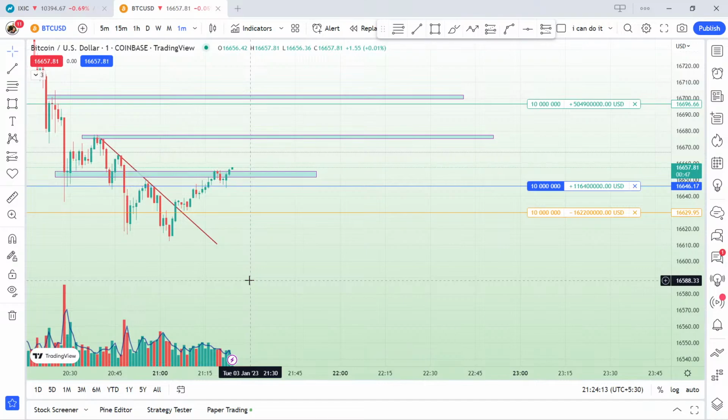Let's say there's a resistance, and the resistance has a volume, let's say a green volume, for example this candle, right? So this candle has a volume of this, but after it, the breakout candle is this one.